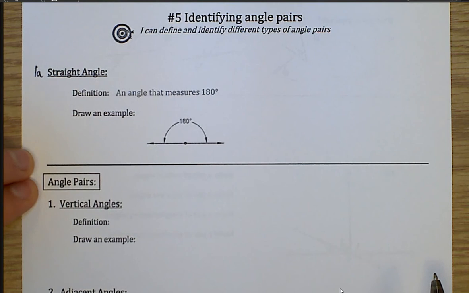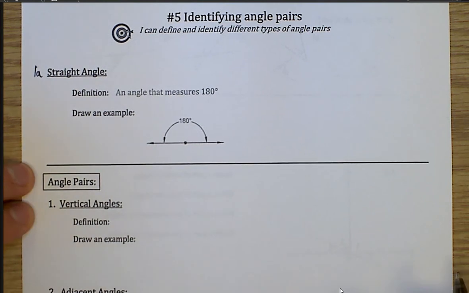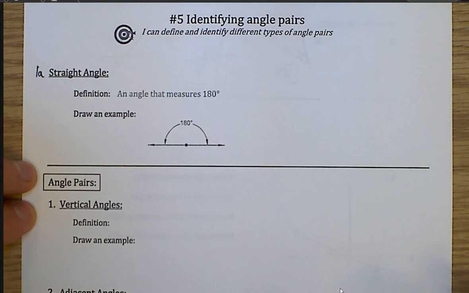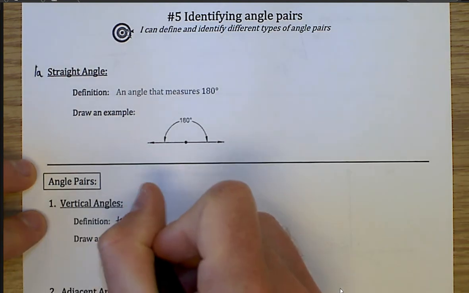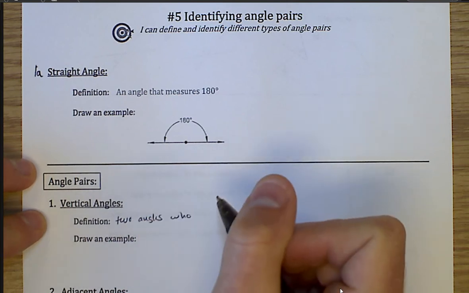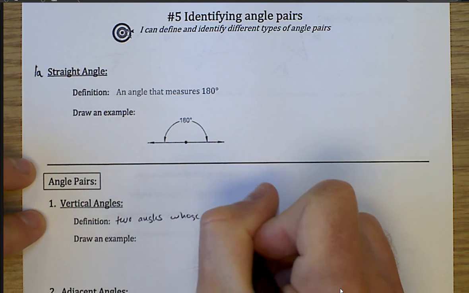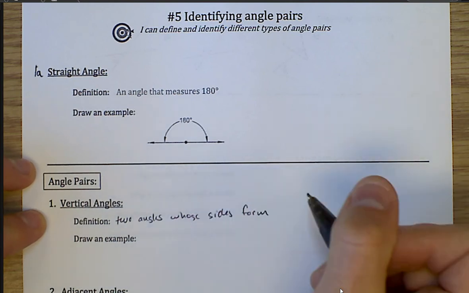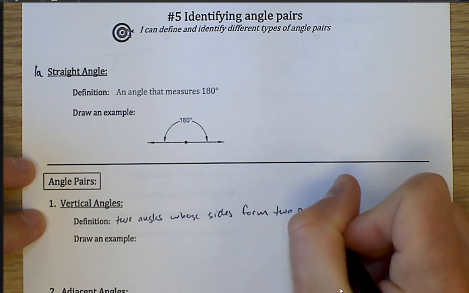So every picture that we draw here is going to have angles that you can make as pairs. So the first one is vertical angles, and let me give you the definition of it. It's two angles whose sides form two pairs of opposite rays.